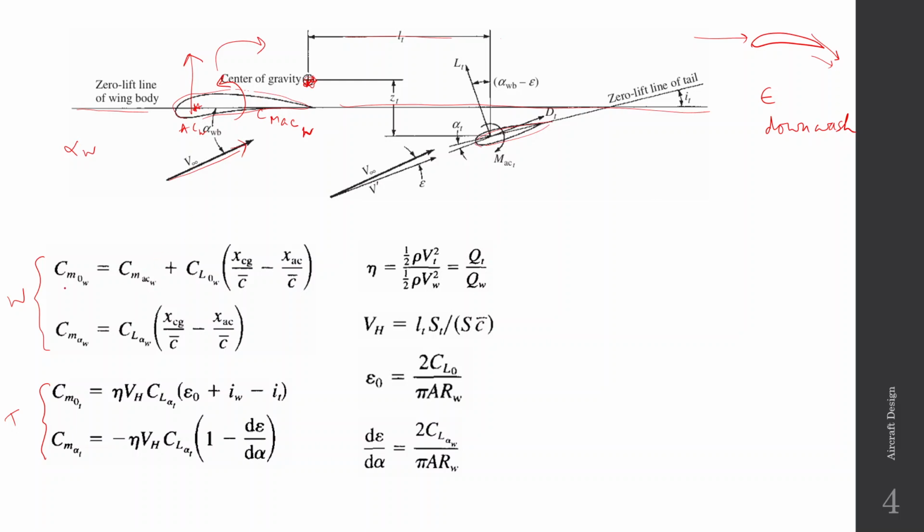So we can write it like this: Cm naught of the wing is CMAC wing plus CL naught wing into the distance, the distance between the CG and the AC.